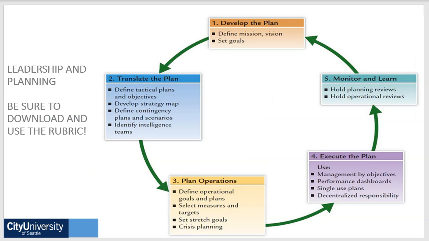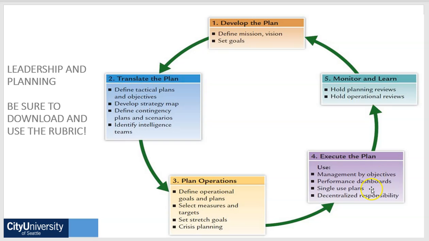All right. This is a neat little slide because this is a quick little model about, first of all, leadership and planning. How do you develop the plan? What are the mission, vision, values, set the goals, define the objectives, the strategy, and then define some operations. So if you think about 1, 2, and 3, those are your paper number 2. Paper number 3 is really part 4 and 5.